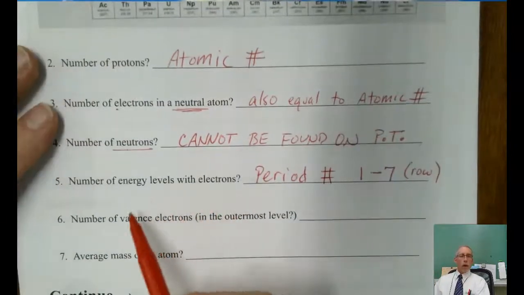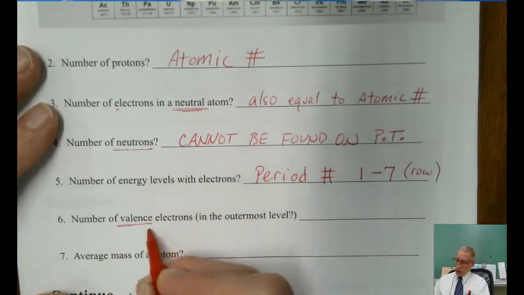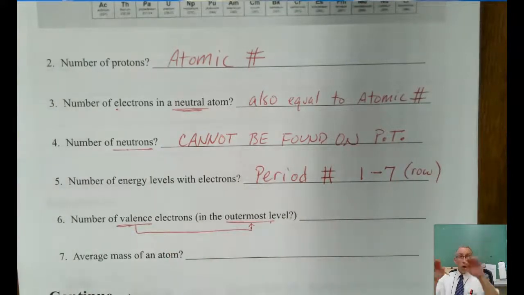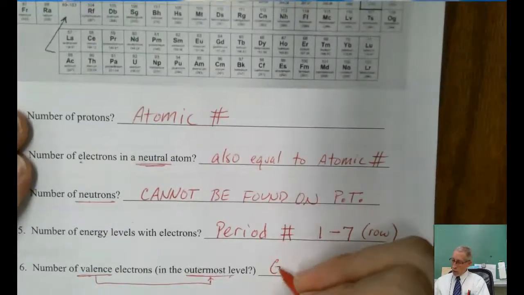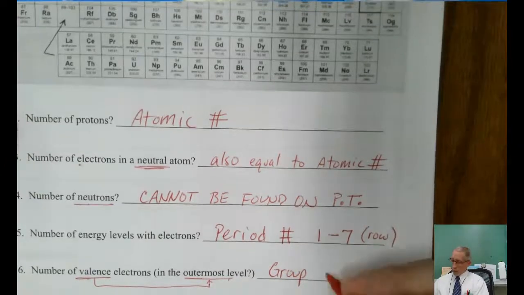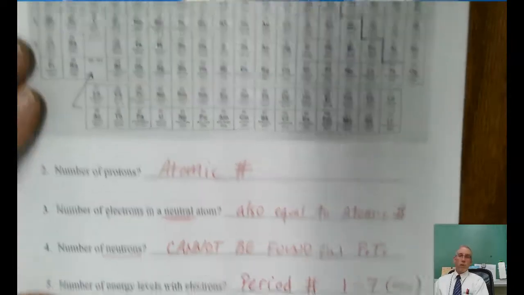Okay, how about the number of valence electrons? Valence also means the outermost electron. So when we're on that outermost energy level, how many electrons are there? This is equal to the group that you're in, or the column. Now it's not equal to the number, but it's related to the number.